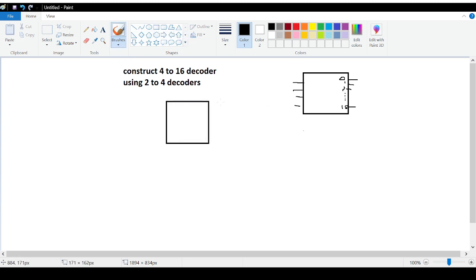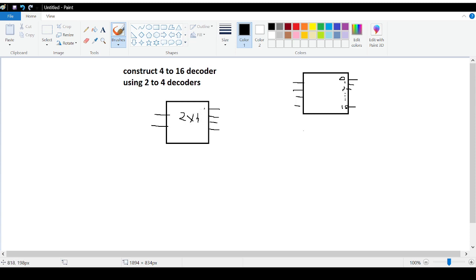We have a 2 to 4 decoder. How many inputs does it have? 2. Right, 2 inputs, and how many outputs? 4. Alright, so this is a 2 to 4 decoder.